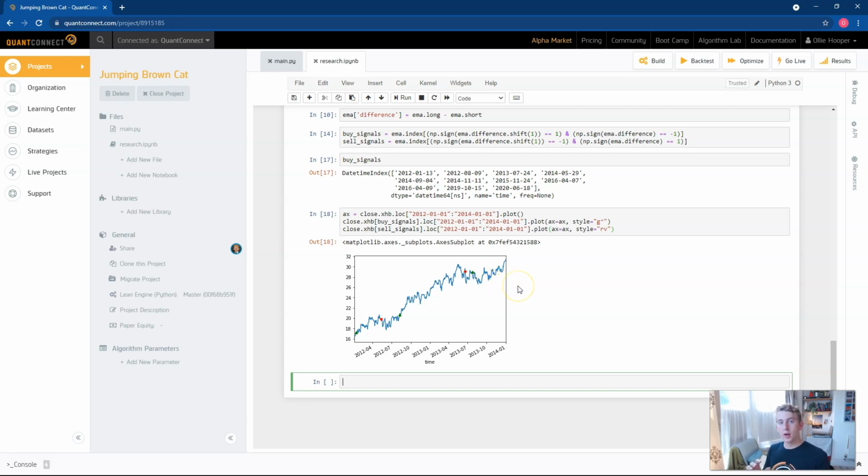But the easiest way that we're going to be doing this strategy is by saying if we receive a buy signal, go long until you receive a sell signal, where you'd then go short. So in this scenario here, we would go long at the start of 2012, and then go short here midway through, and then long again up here, and then short again, and then long again.